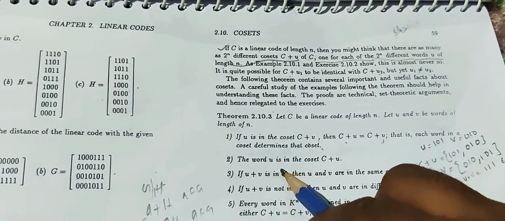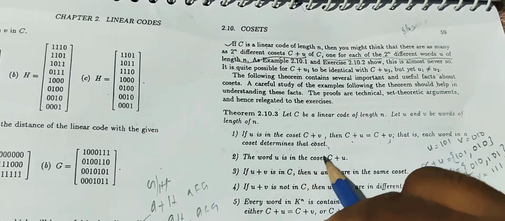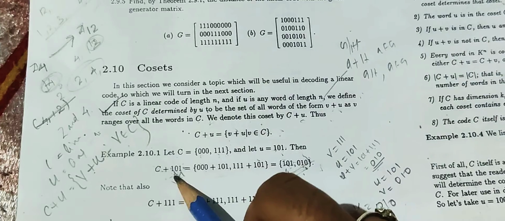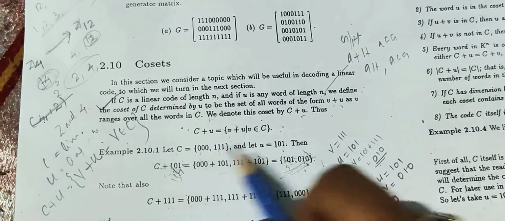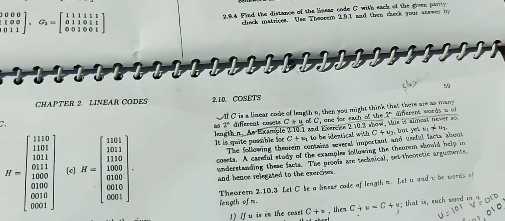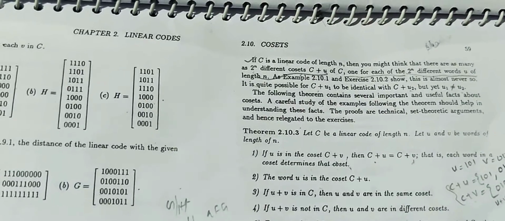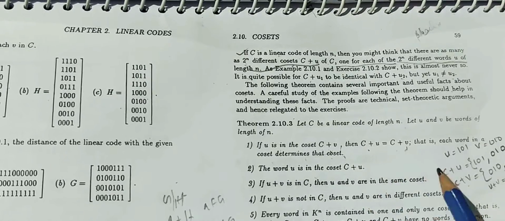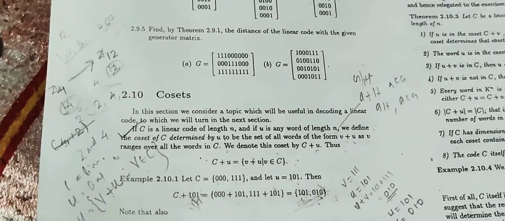And the second one is that the word U is in the coset C plus U. Here 101 is a word U and C plus 101 contains 101. So U is a word in C plus U. And the third one: if U plus V is in C, then U and V are in the same coset. U is 101 and V is 010.